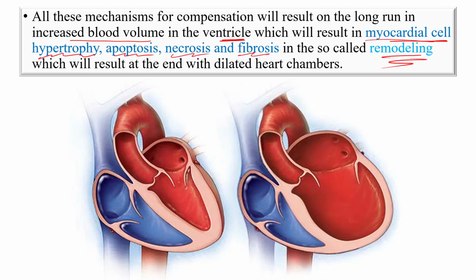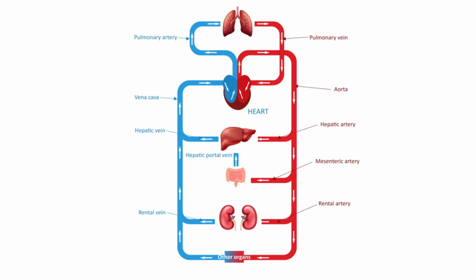Thus, the heart changes from this shape to this shape, from a normal heart to a heart that is stretched from the volume overload and exhausted from the increased afterload and from the tachycardia. It is stretched and it dilates at the end, and this process is called remodeling. So in treatment, I need to prevent this remodeling process. This is the aim of the treatment of heart failure.